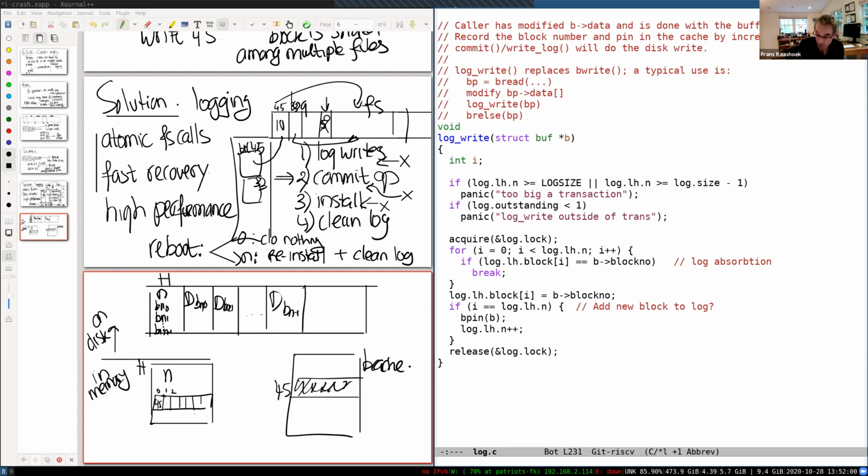Let me postpone why for a little while, but I will come back to it. And that's actually all that logwrite is doing. So every file system call that needs to update a block updates the block in the block cache, and then appends it to this in-memory data structure, unless it's already there, in which case it just absorbs it. Does that make sense?